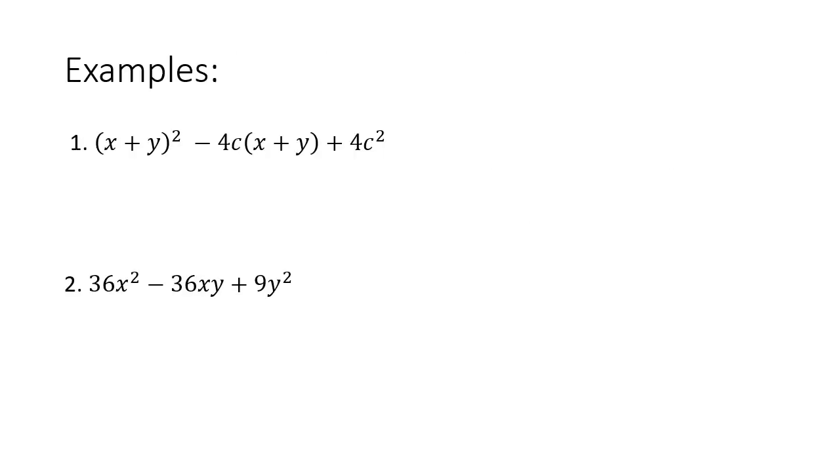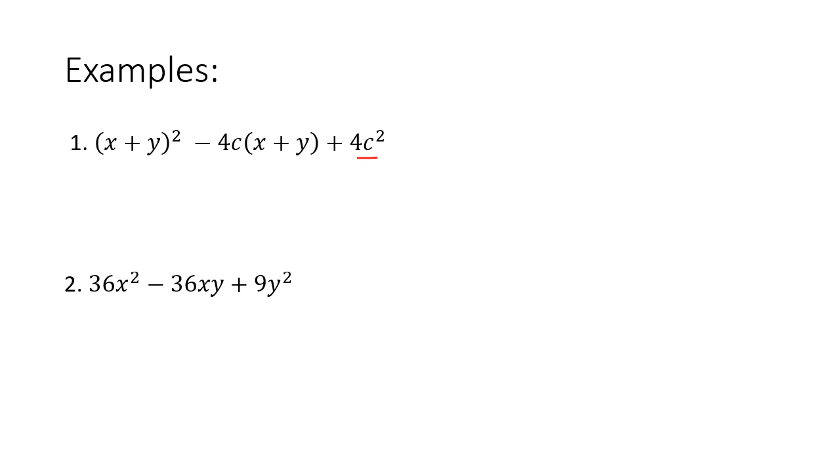So here is an example for a trinomial, which is a perfect square. So we have quantity x plus y quantity raised to 2 minus 4c times x plus y quantity plus 4c squared.